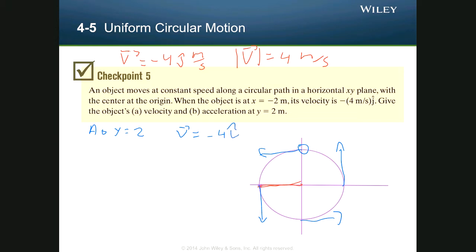So you'll notice the velocities are not equal, because this one is in the j hat direction, and the final one, the one that we've been asked for, is in the i hat direction. What I do want to point out, though, is that the speed has remained unchanged. It's still equal to 4.